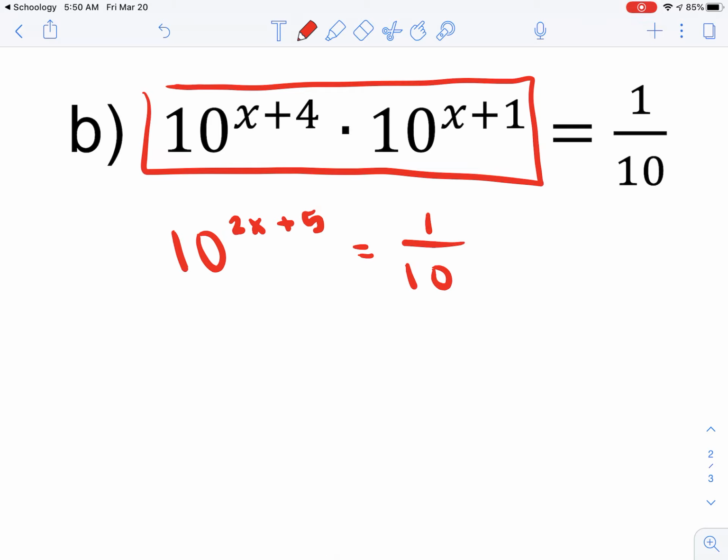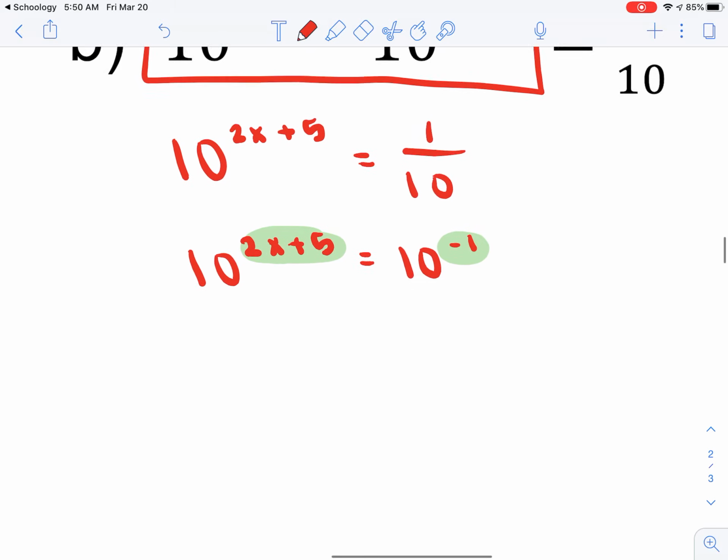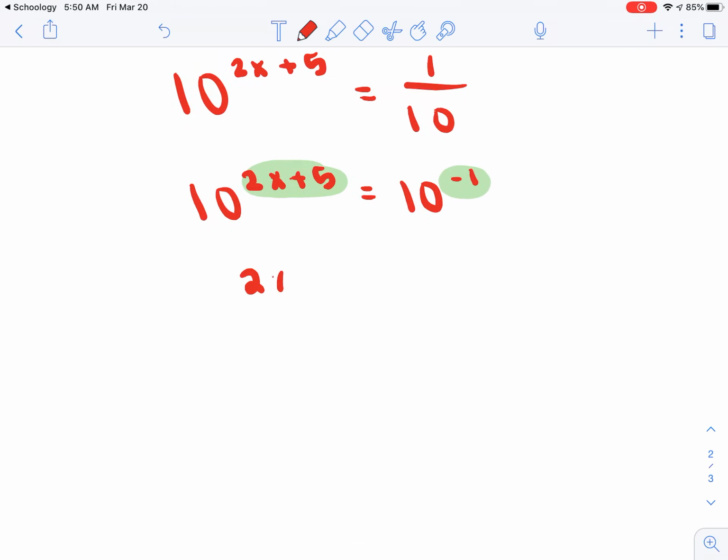And then from here, remember we want to get the same base. So we can rewrite the right-hand side using negative exponents. Notice that I can just use a -1 because that would give the reciprocal of that base of 10. And then we can go through and solve. We're going to subtract 5, so that's going to be a -6.